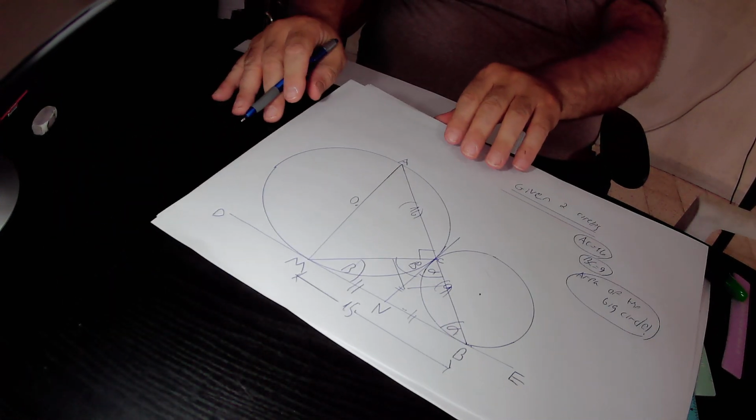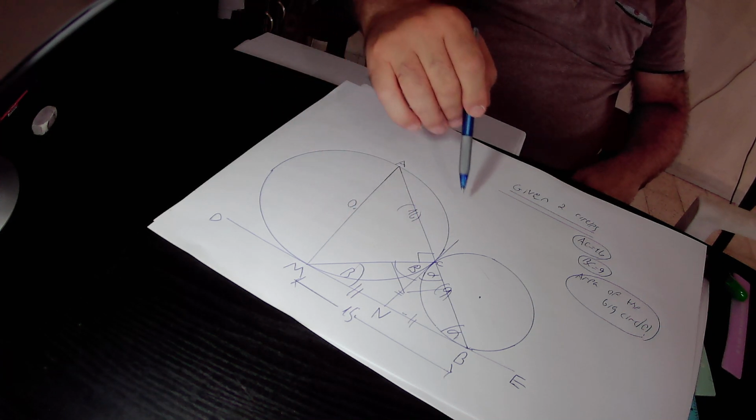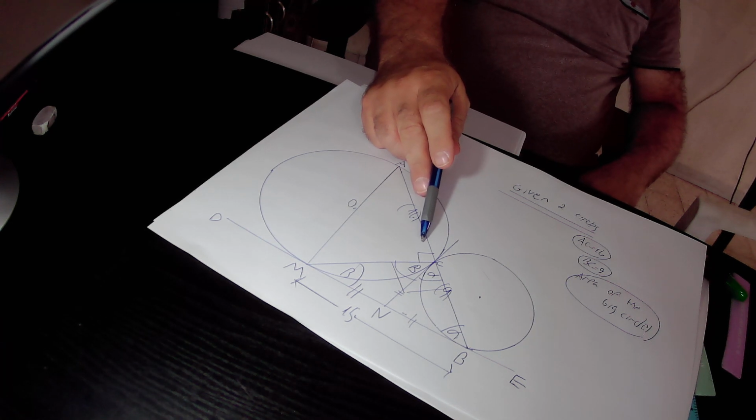On the big circle, we have peripheral angle ACM, and the size of this peripheral angle ACM is 90 degrees.